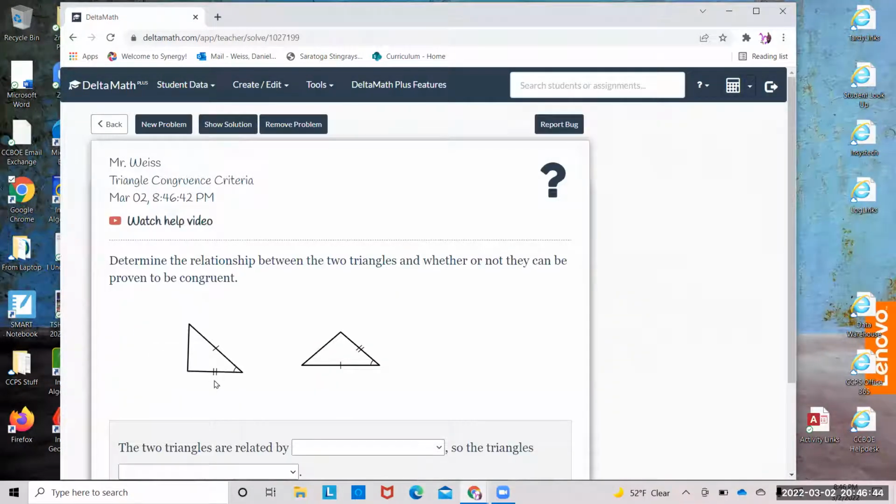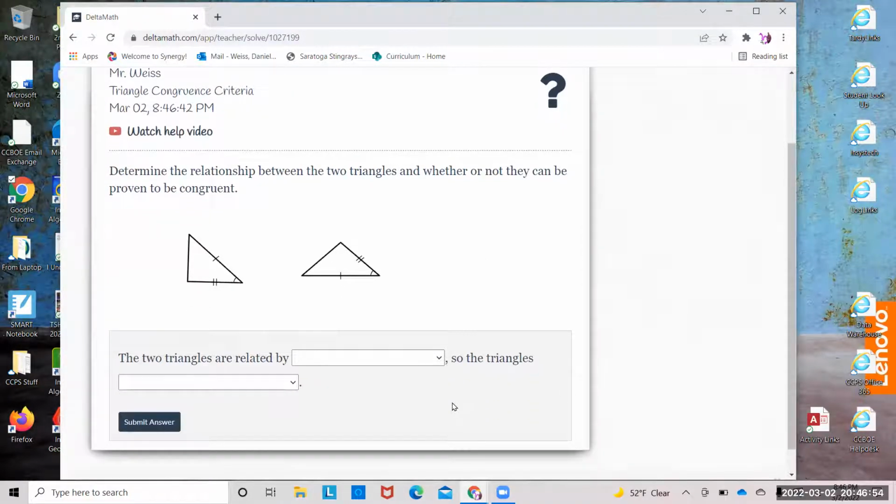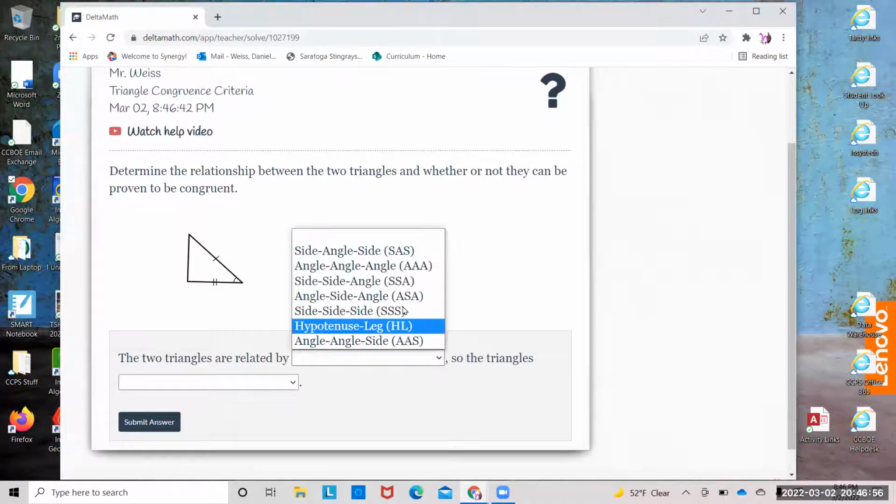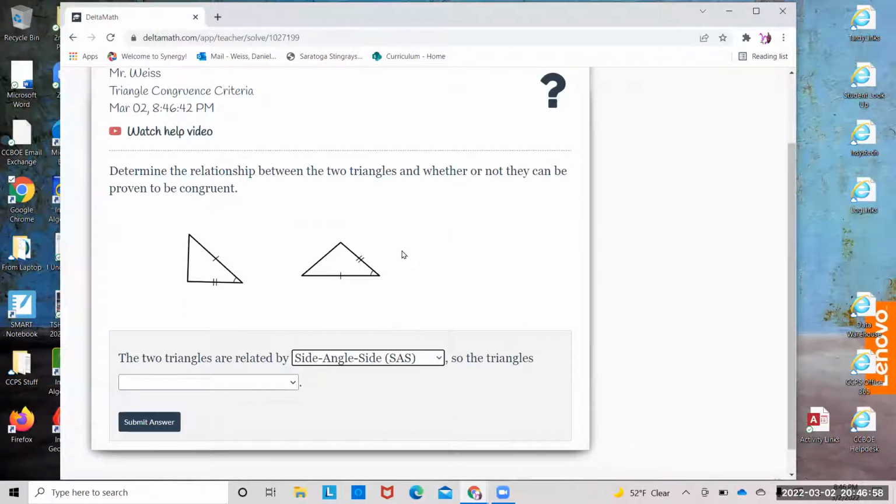Here, remember, this is a side, here's an angle, here's a side: side, angle, side. So the two triangles are related by side, angle, side. So they can be proven congruent.